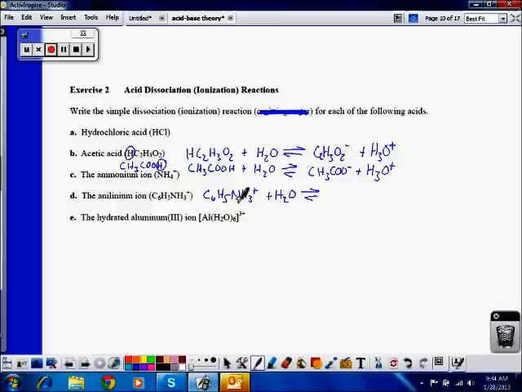This nitrogen is what makes this a base or an acid. So this is the acid form. This would be the basic form. And we're not really going to worry about that one. We can look at that in class if you're really interested.